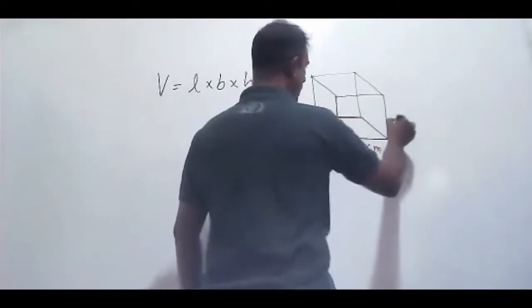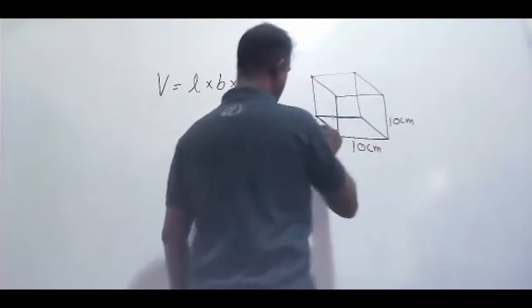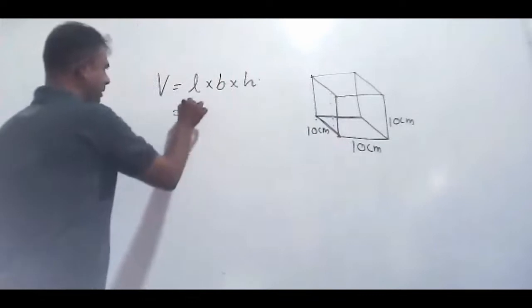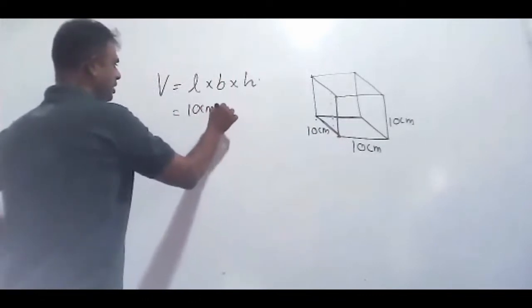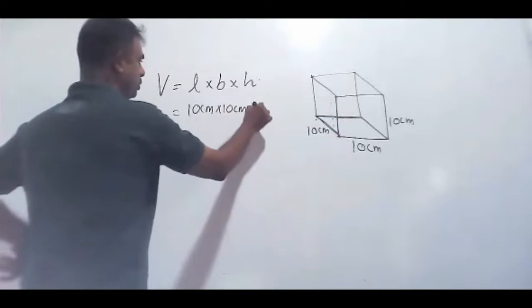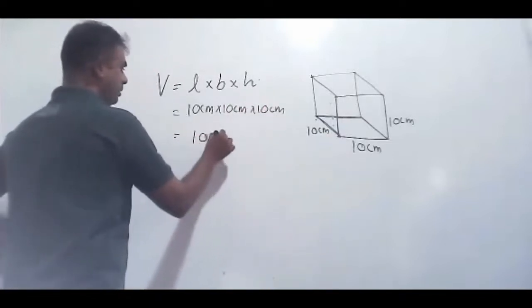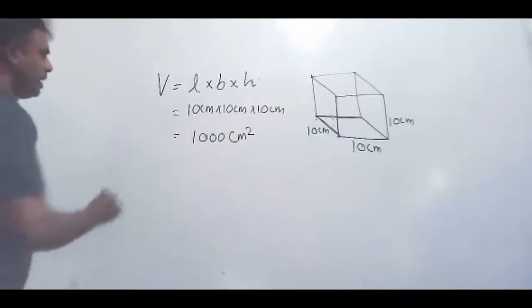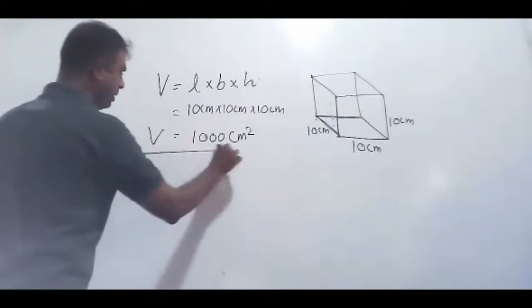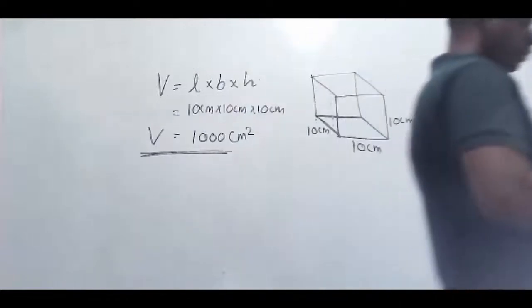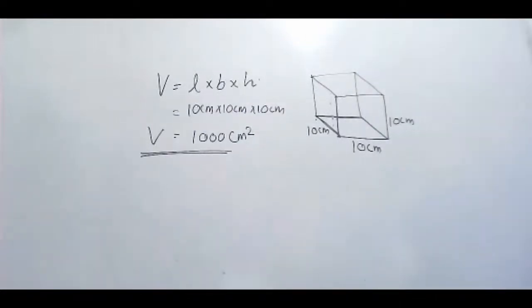Therefore, height should be 10 centimeters as well, and breadth should be 10 centimeters. 10 centimeters into 10 centimeters into 10 centimeters is 1000 cubic centimeters. The volume equals 1000 cubic centimeters.